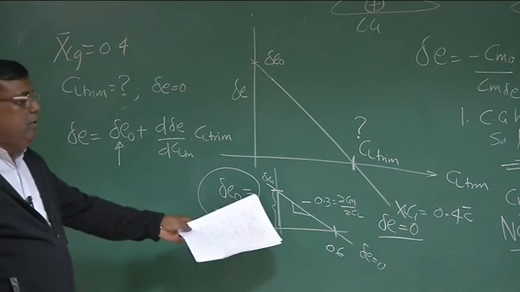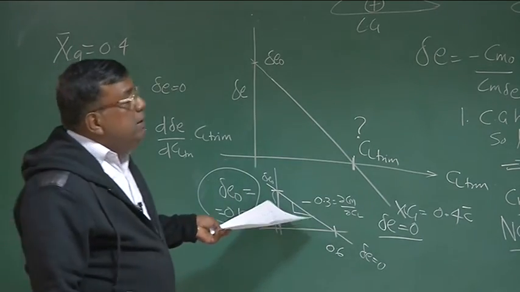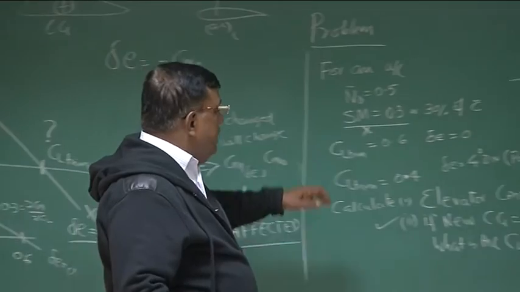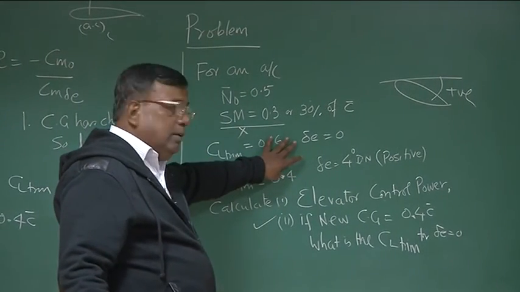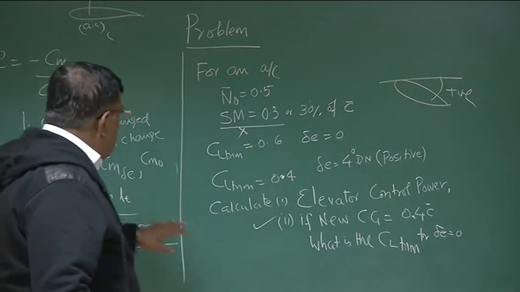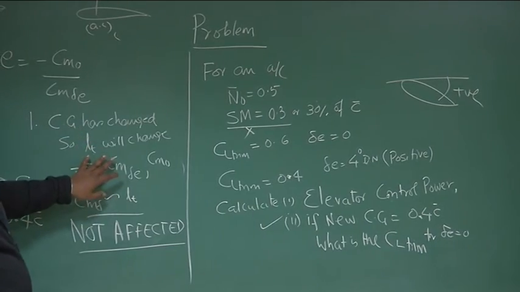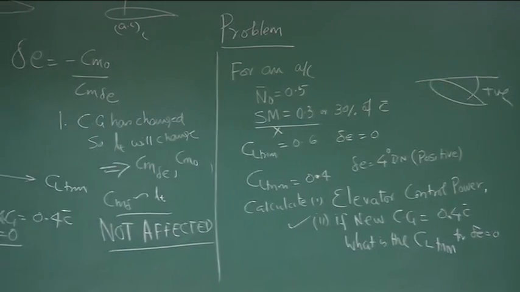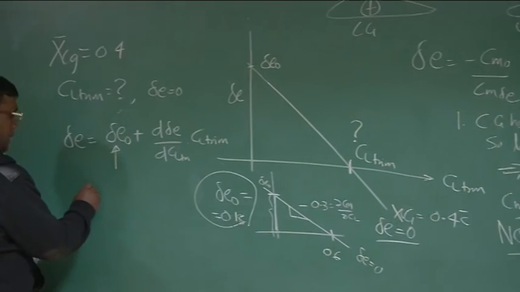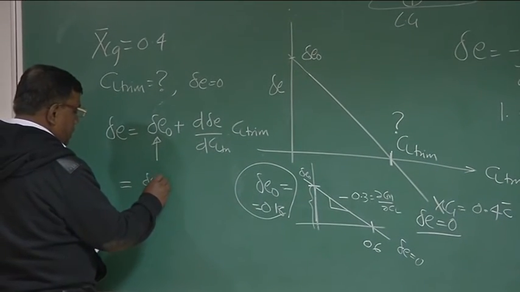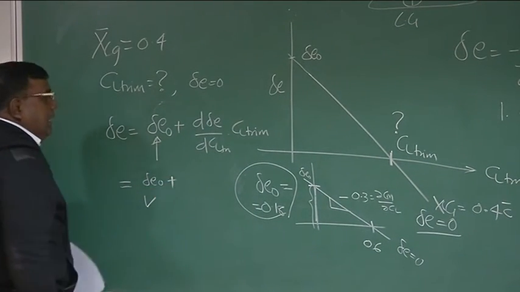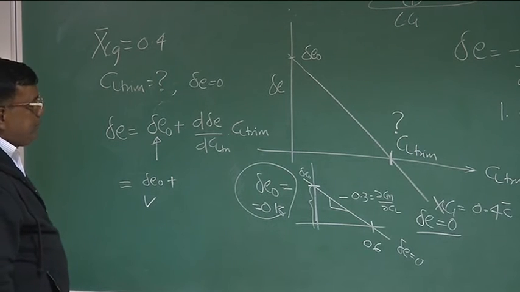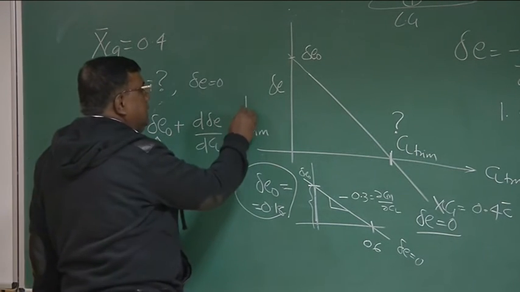Okay, from triangle you can find out. This I am able to get from the first condition, first problem here, because I am assuming that Cm delta E and Cm naught are not changing. Okay, so I know delta E naught, so I put here delta E naught value, which is known. What about d delta E by dCL trim? Because we have to find out this.